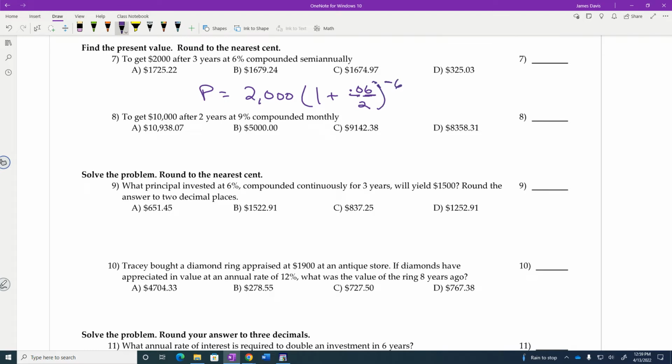We need a negative up there. So we're going backwards, the negative makes it smaller. So if we want 2,000, we should start with less, and that's going to be 1674.97.